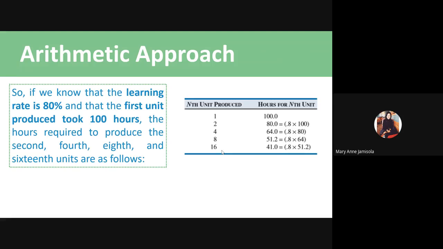Then times L, L is your learning rate, 80%, to the power of n. N is how many times the unit was doubled. So to arrive at 16, how many times did you double the unit? 1, 2, 3, 4. So that's 4. We doubled it 4 times. So 100 times 0.8 to the power of 4. Rounded off, it's 41 hours.